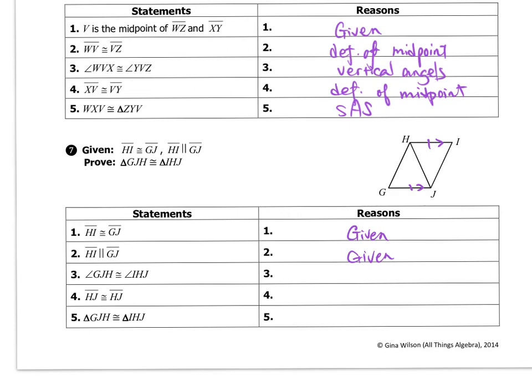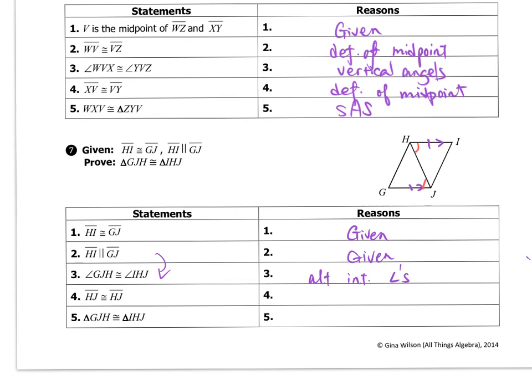So because these two lines are parallel, I can draw the conclusion that angle GJH, this angle, and angle IHJ, this angle here, are congruent. And that, if you recall, is by the alternate interior angles theorem, right? And I also know that HI and GJ are congruent.